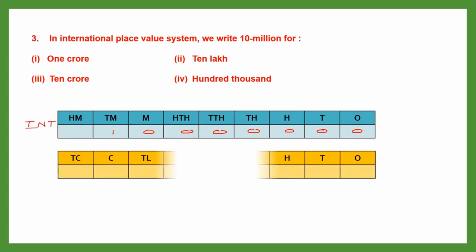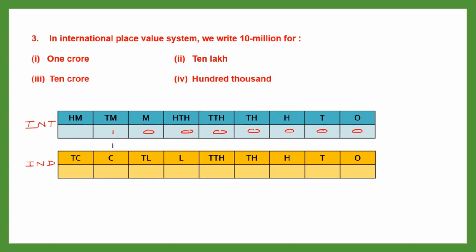Now let's draw the Indian system. So this is the Indian system. So the Indian system, the numbers are the same. That is, the number of digits will be the same. The places, ones, tens, hundreds are the same as this. 1,000, 10,000. Here 100,000 is equal to 1 lakh. 1 million is equal to 10 lakh and 10 million is equal to 1 crore.